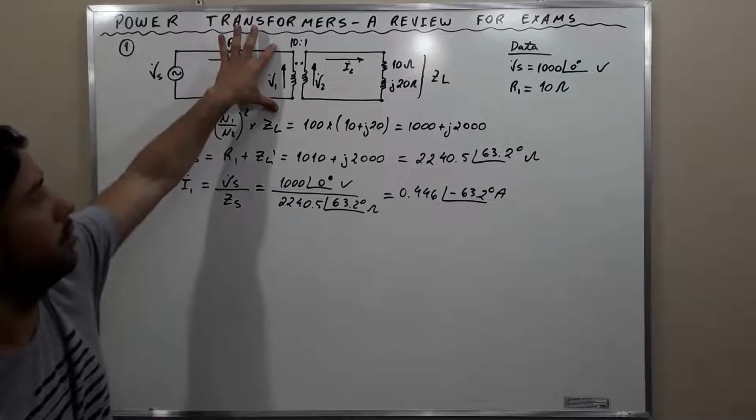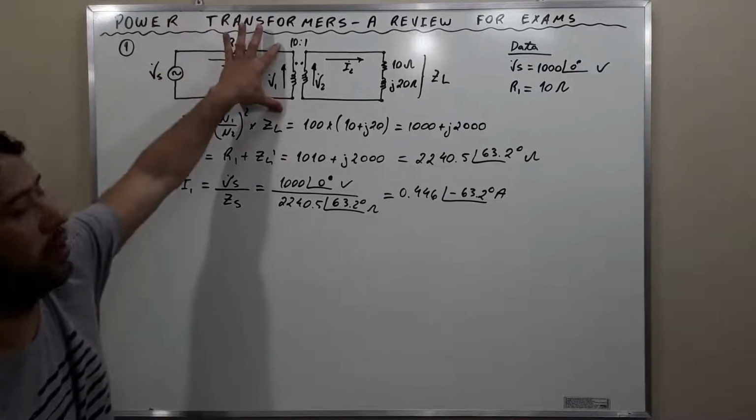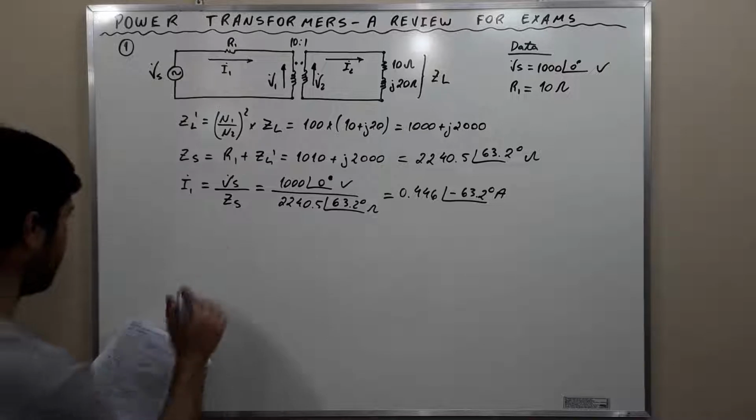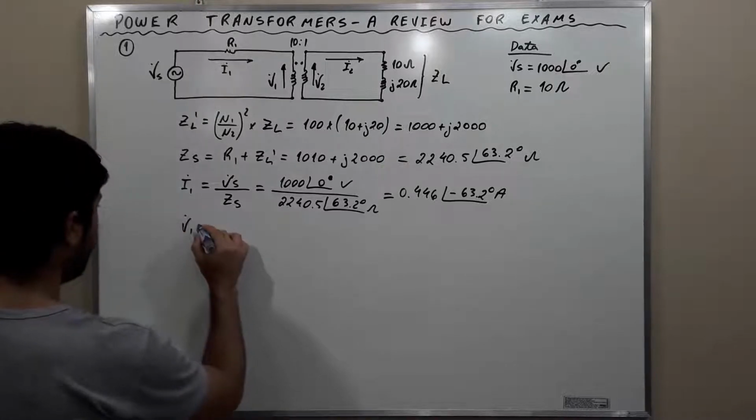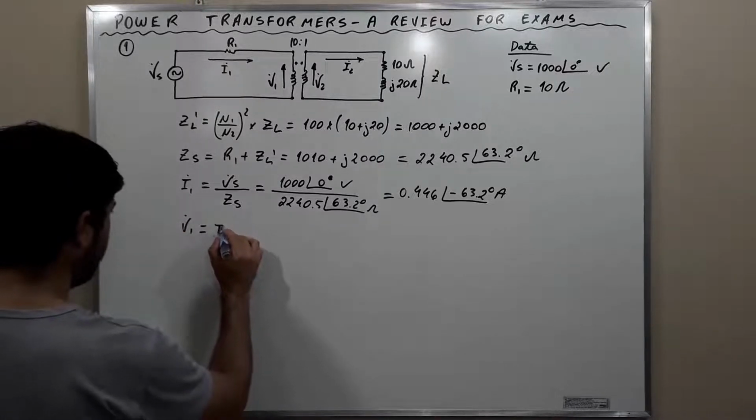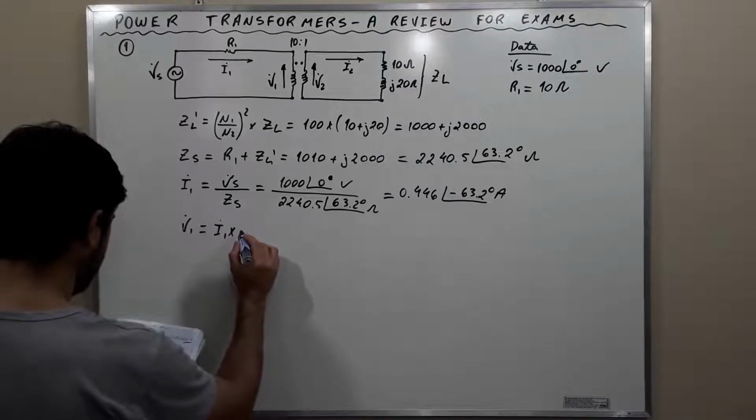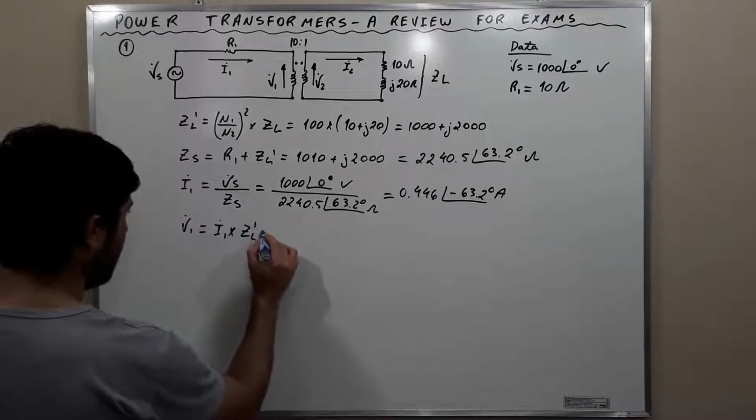V1 is not here. V1 is here. So V1 is equal to I1 times ZL prime.